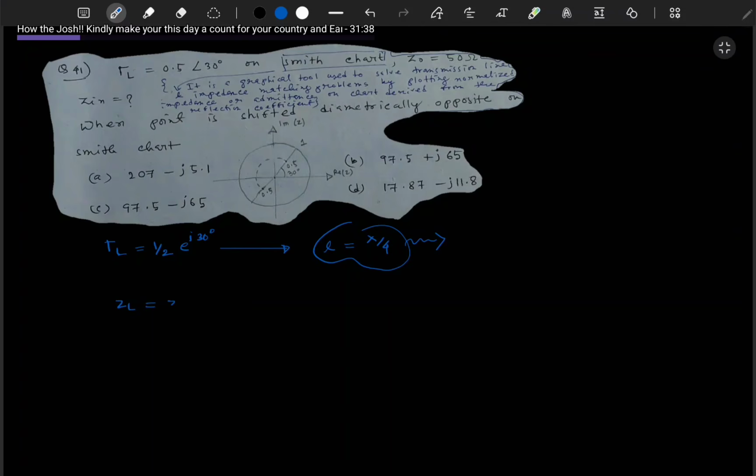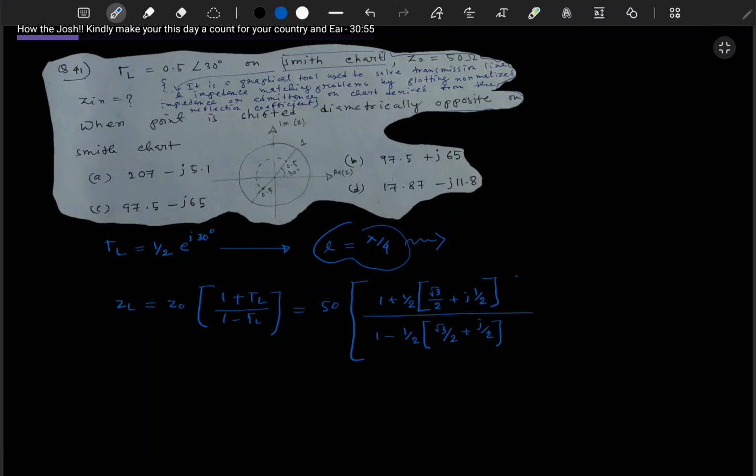So ZL equal to Z0 times (1 plus gamma L) by (1 minus gamma L). 50 into (1 plus 0.5 times (root 3 by 2 plus j 1 by 2)) by (1 minus 0.5 times (root 3 by 2 plus j 1 by 2)).